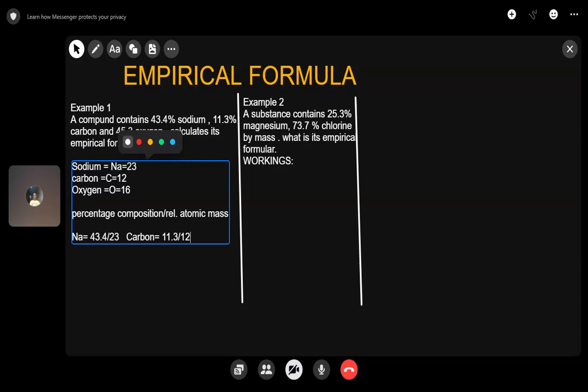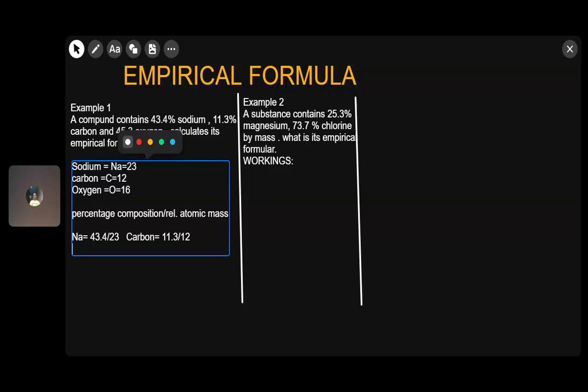Now for oxygen, the percentage composition is 45.3 all over the relative atomic mass, which is 16.